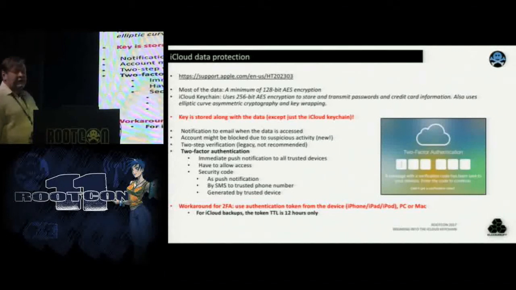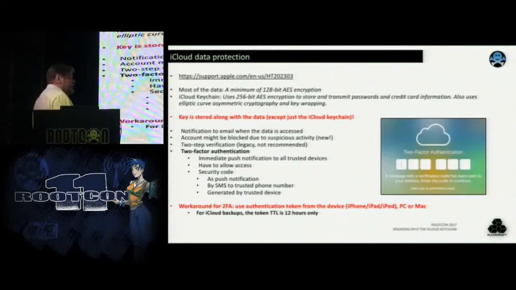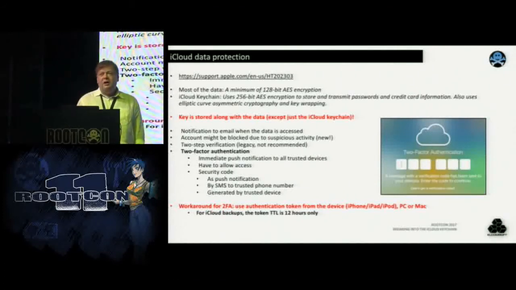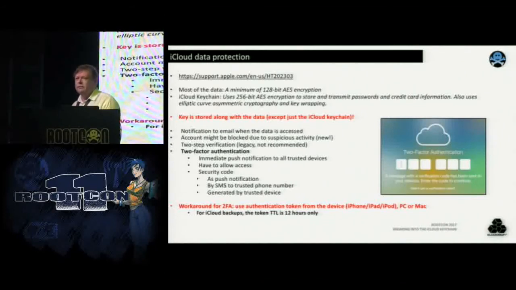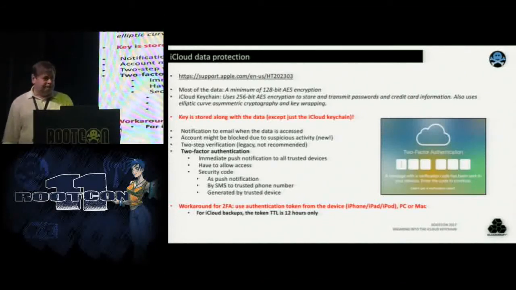If there is two-factor authentication enabled on the account, starting with iOS 9, I think, then when someone is trying to access your account with Apple ID and password, immediately a notification is sent to all the trusted devices, even showing the approximate location by address from where this access has been made.